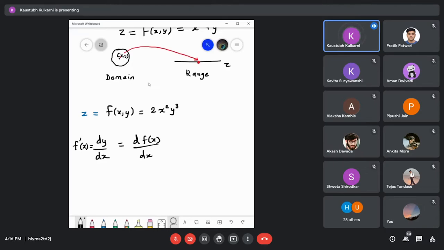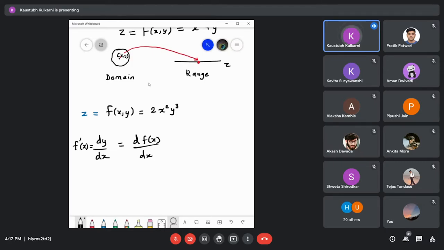Now what will happen in case of multiple variables? When we have a function of more than one variable, what do we do if we only want one of the variables to change at a time, or if we want both of them to change but in different ways?